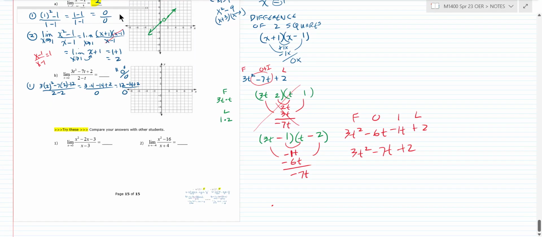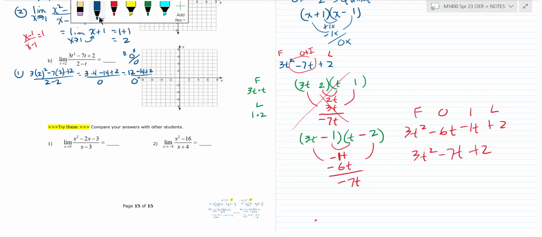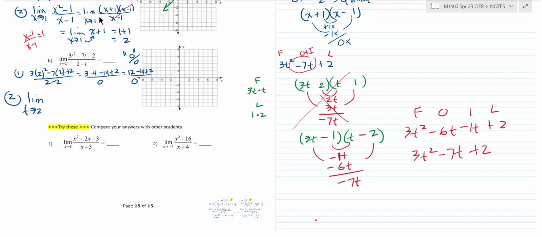All right, so what I'm going to do here is we'll go through and factor this now. So we're going to do the limit as t approaches 2 and factor that. The numerator is 3t minus 1 times t minus 2, and then we're over 2 minus t like that. Okay, so I'm going to erase the stuff I did on the factoring.